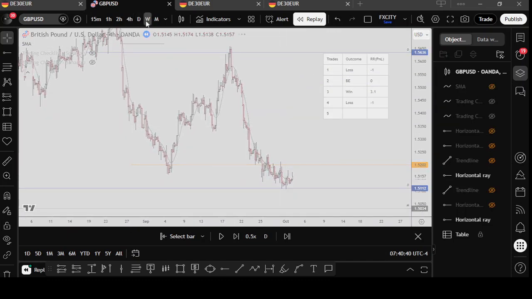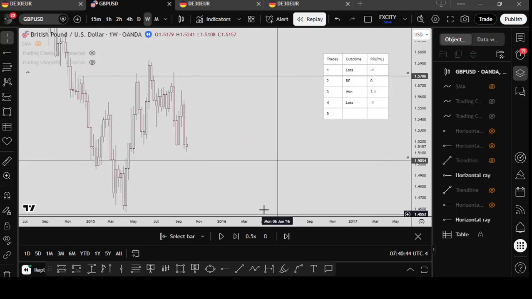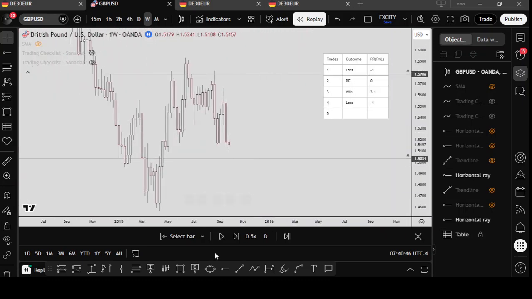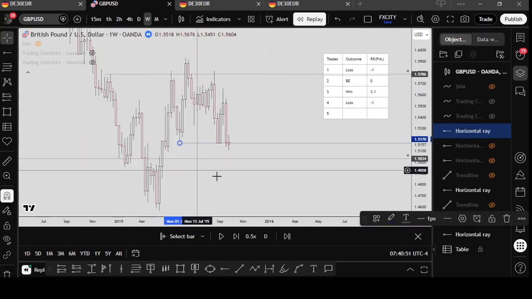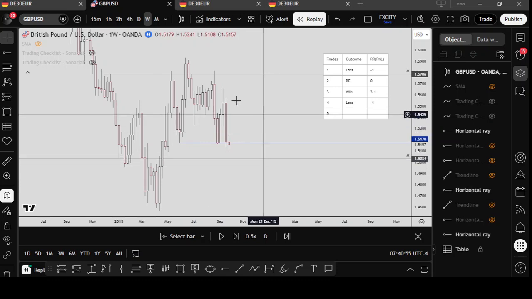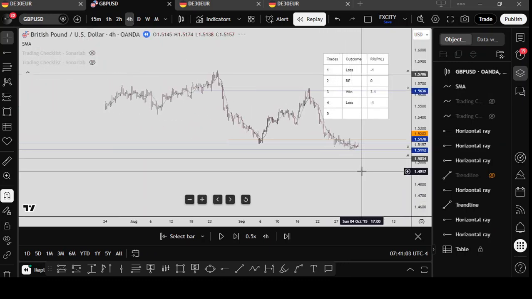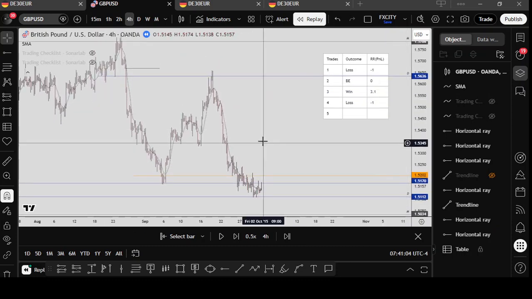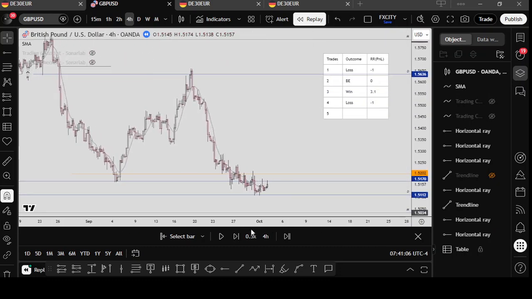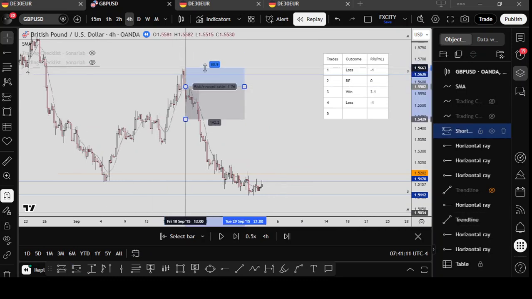At the end of the month, we were actually able to make 2.1 R, which is very good, right? 2.1 R at the end of the month is very, very good as well.